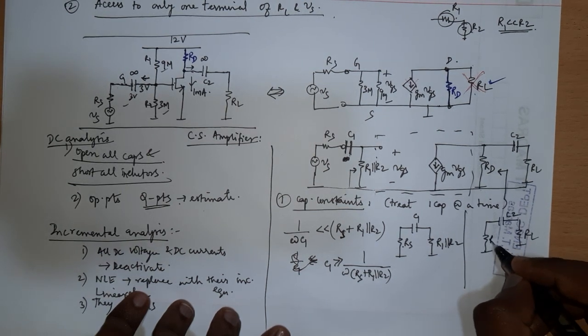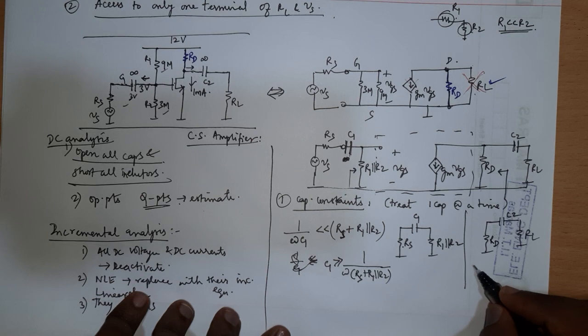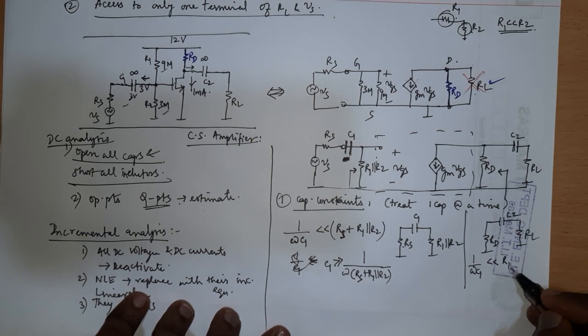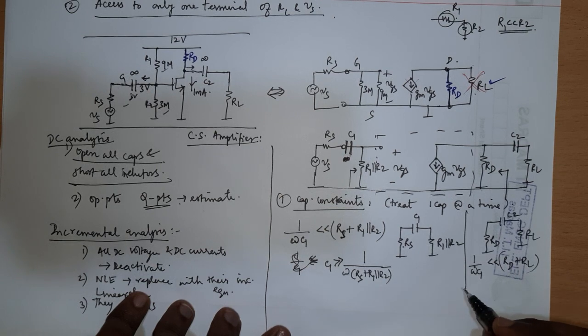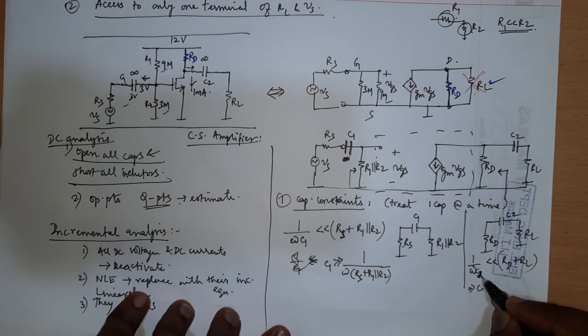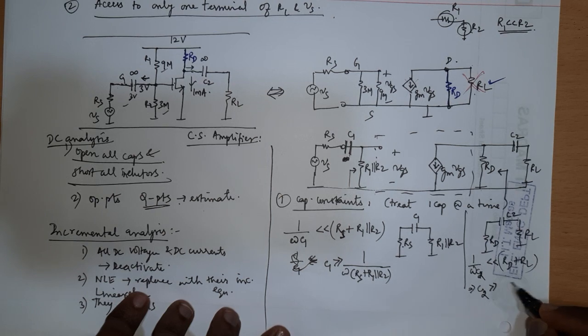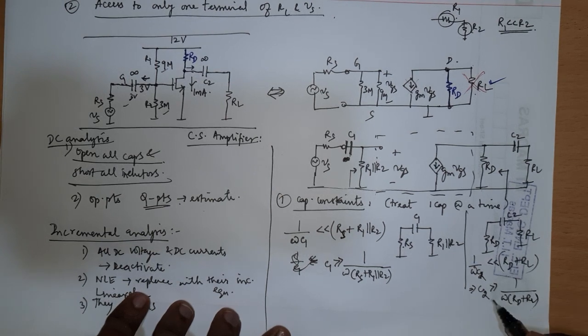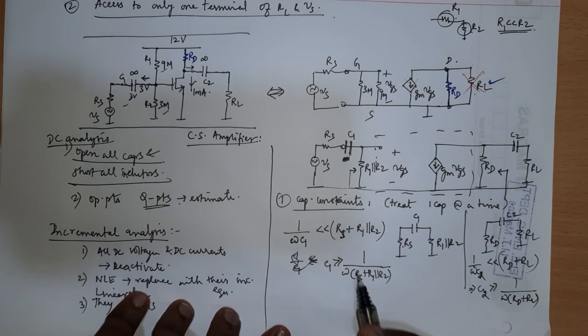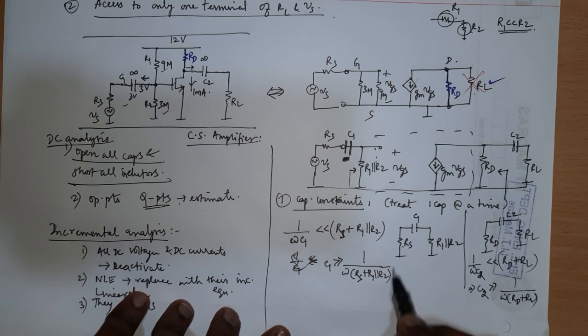So the impedance of this capacitor, 1 by omega C2, should be much smaller than RD plus RL, which implies C2 should be larger than 1 by omega times RD plus RL. When I say much larger, the usual convention is to choose it at least 10 times larger than this value. If you calculate this value, you choose C2 in such a way that it is at least 10 times larger than this value. That is what it is.